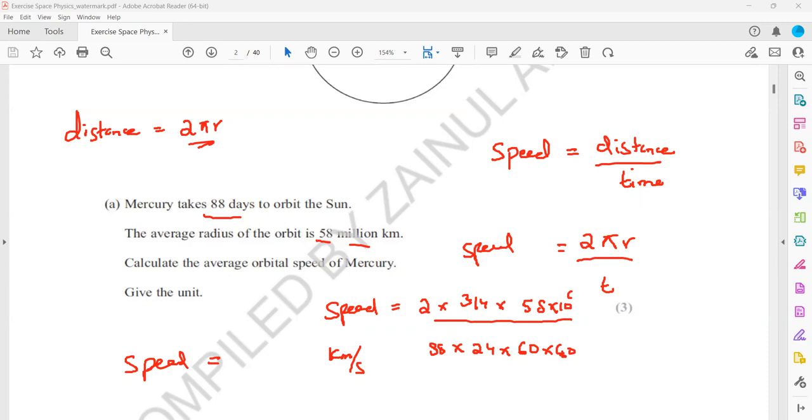It is about 47.93. Write your answer in three significant figures. So 47.9 kilometers per second, or you can round off to 48.